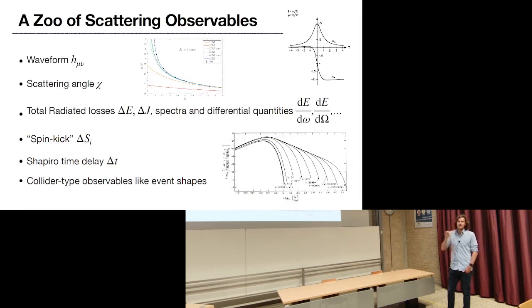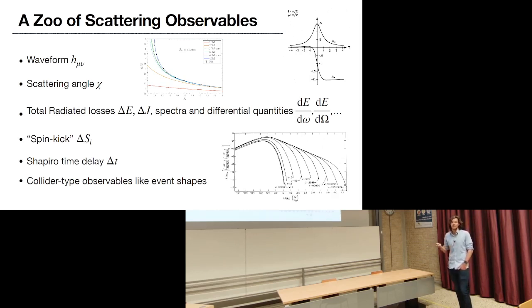Because this is an observable-based session, I can maybe highlight a few observables that we are concerned with. The basic one is, of course, the waveform, which looks like this. Another one is the scattering angle, which is personally our favorite observable to look at. We have radiative losses.